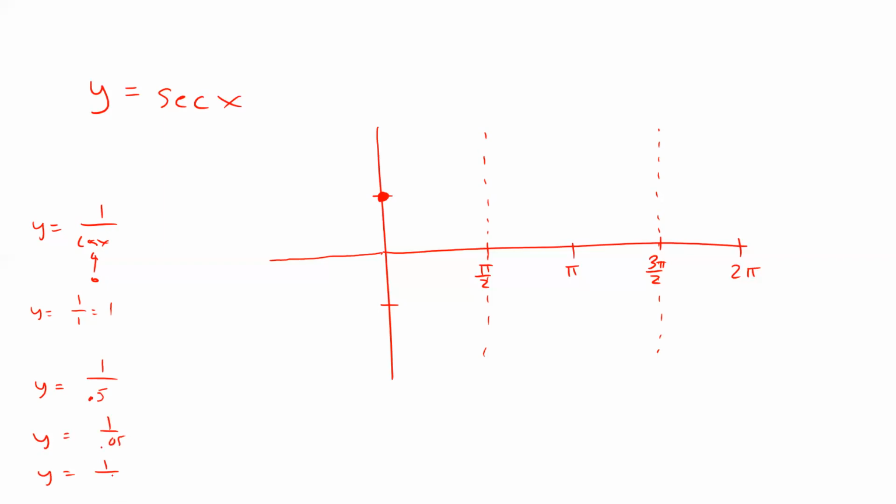As the numbers get smaller on the bottom, what happens to the number? It's the reciprocal of that number. It gets bigger. Are we good? So in this case, when cosine gets smaller and smaller and smaller this way, our secant function gets bigger and bigger and bigger in this way. So it goes like that, extends out.